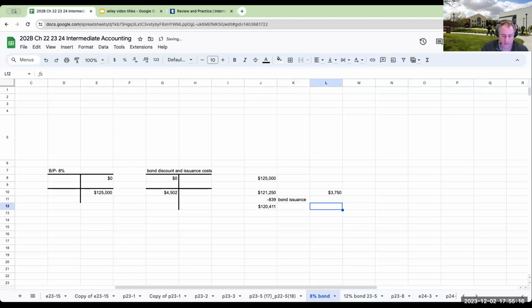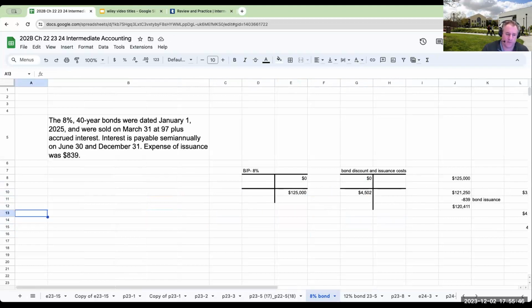Now, if we look at this over here, if we take 839 plus the amount of the discount, we get 4589, right? Our bond issuance over here is at 4502, right? So we have to figure out what's going on with this part of it. Well, if I take the 4589, which is the total amount of the bond issuance with the discount, I need to go over here and look at something.